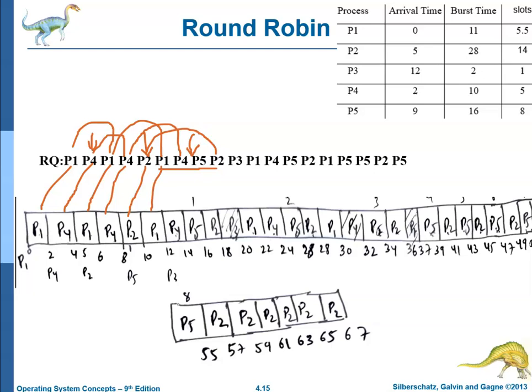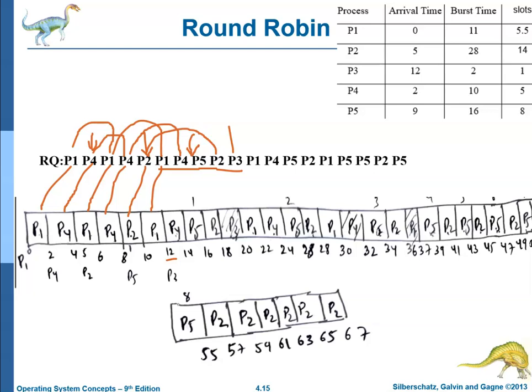When P1 is executing, at time 12, P3 enters the system, so P3 is added to the ready queue. If you observe the ready queue, we have P4, P5, P2 and P3.